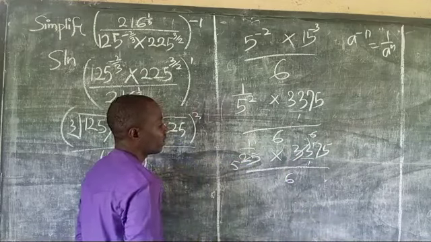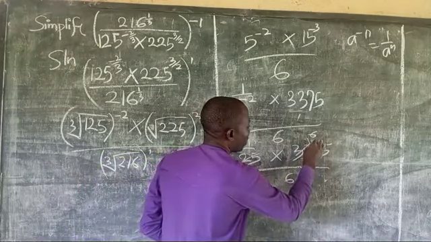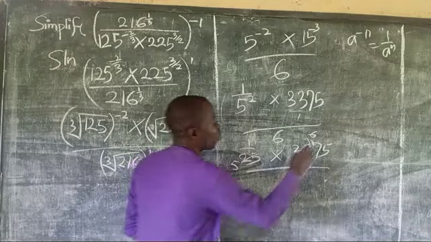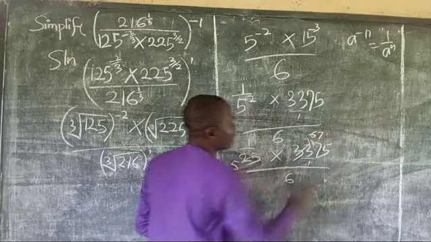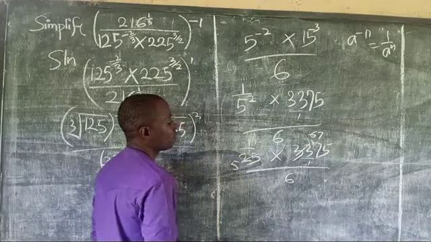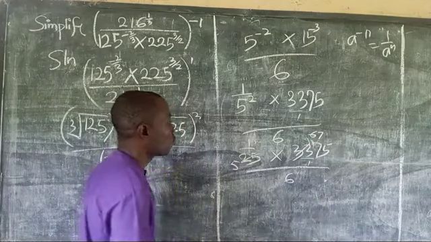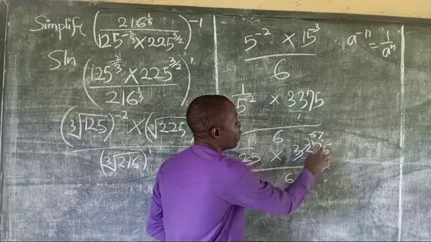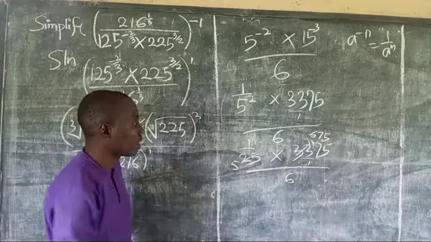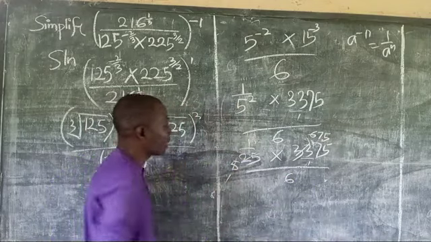Remaining 3, carry the 3. 5 into 37, we have 7, left with 2. 5 into 25, that is 5. Fine. So 5 can go again. 5 into 5, 1.